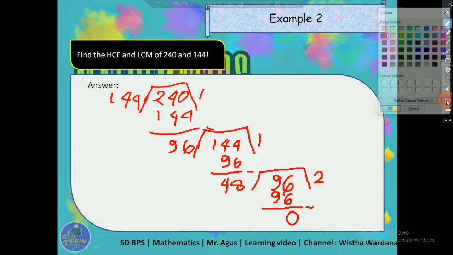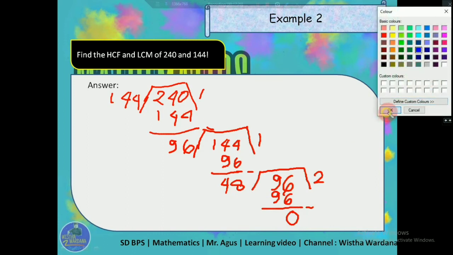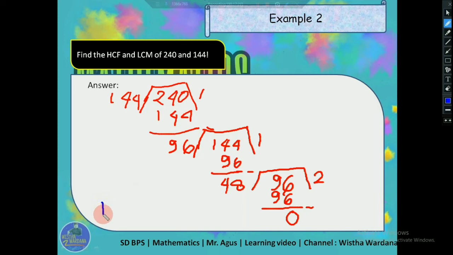What is the answer? Yes, the answer is the last divisor. So the last divisor of this process is 48.